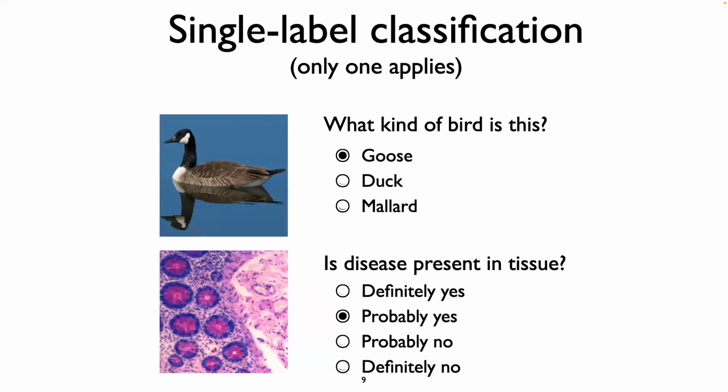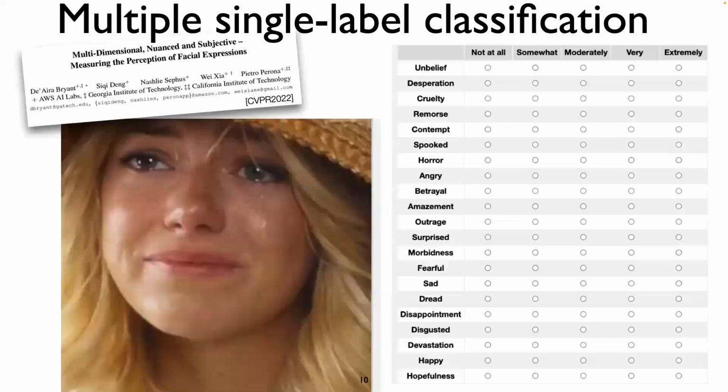Now, you could try to pile on more work on annotators. This is a case in a recent paper where somebody wanted to annotate facial expression. And by the way, I'm putting, as much as I could, a little clip of the paper's header on the slide so that you know where to look if you're interested. Here each line is a different facial expression, and you can choose how strongly it is expressed.